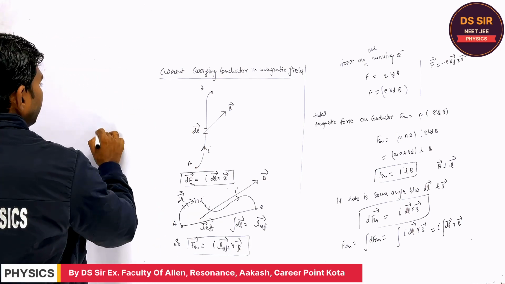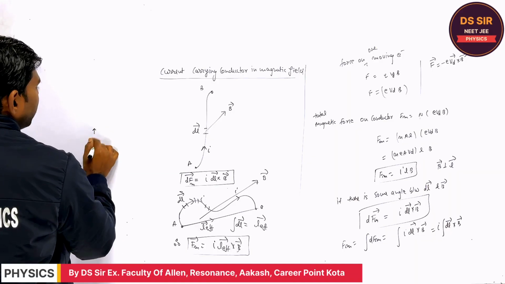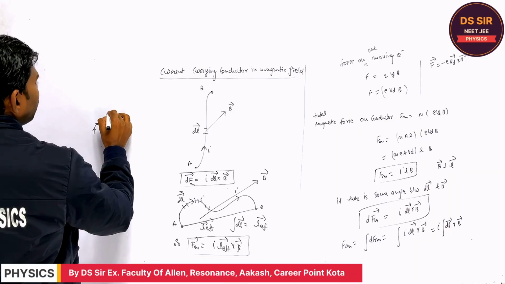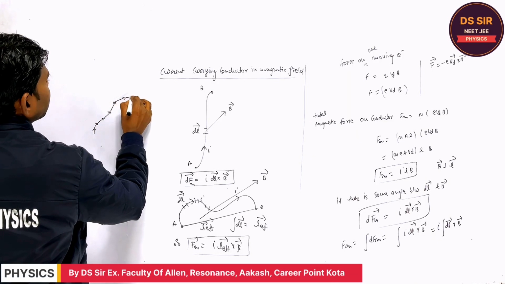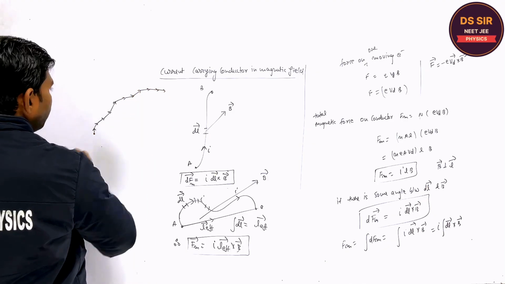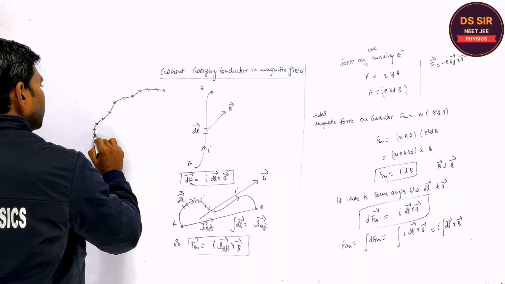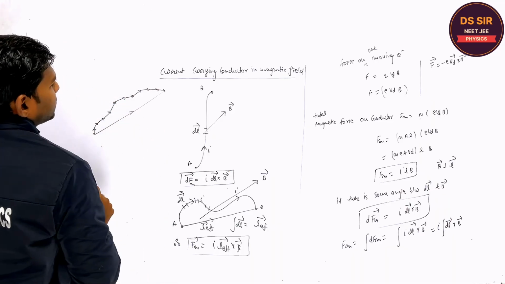Listen one thing, if this is the wire, and this is the 1 vector, 2 vector, 3 vector, 4 vector, 5 vector, like these are the vectors. So if you add all the vectors, what will you get? The equivalent vector is this. Do you know?